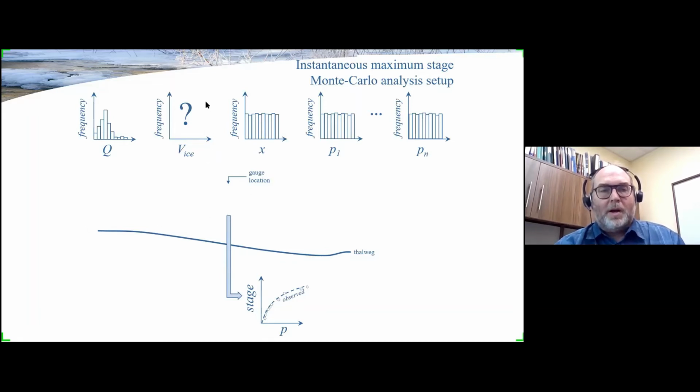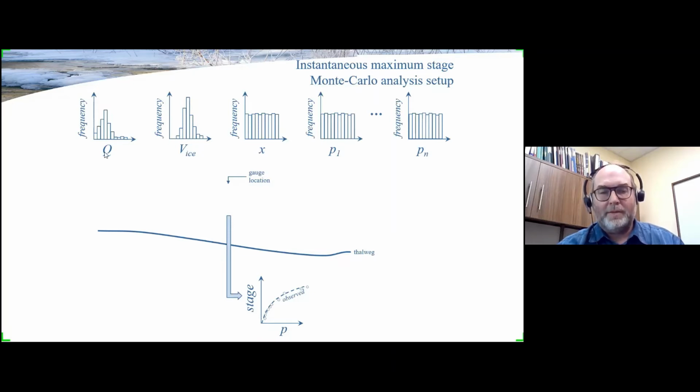So I'm going to make an initial guess at my volume of ice. I don't know what that is, so I'll take a guess. And I will then randomly pick values from each of these distributions. Then do a model run, and I'll get a backwater profile.